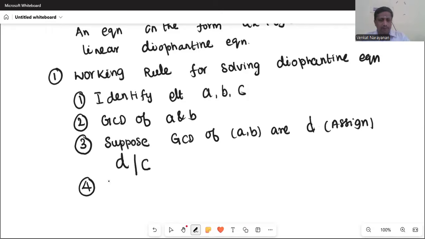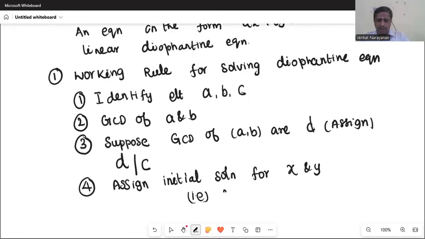Fourth step, we assign some initial solution for x and y, taken as x naught and y naught.